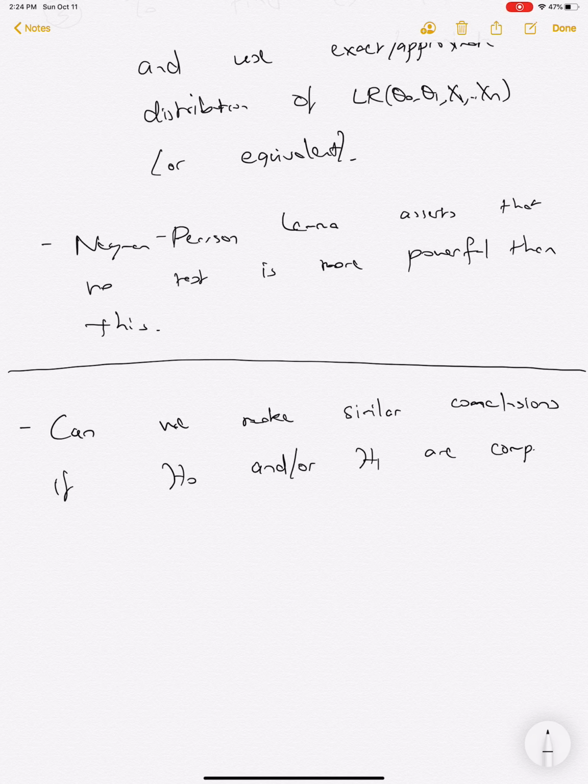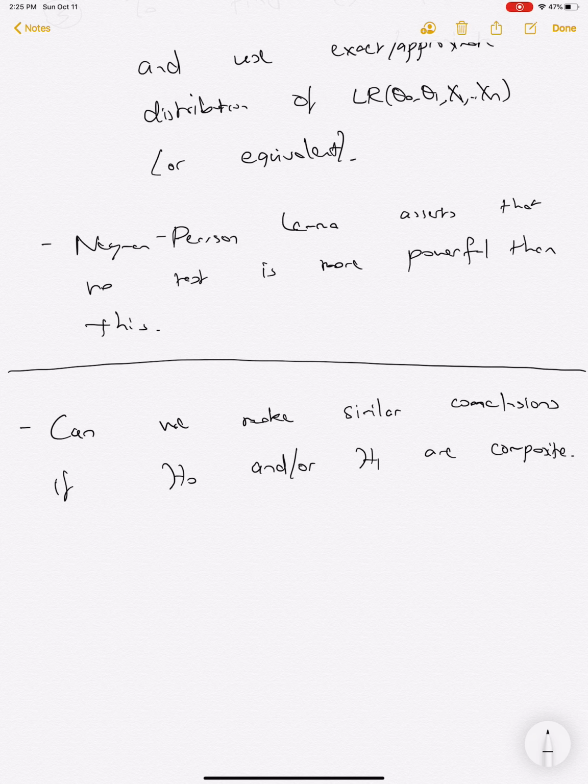Because simple hypotheses in some sense are the easy case, but they don't cover a lot of important real-world applications. So for example, will the Republicans win the election? The alternative hypothesis was certainly composite there, and this likelihood ratio theory doesn't really cover that case yet. But we'll see that we can extend this to look at composite hypotheses.